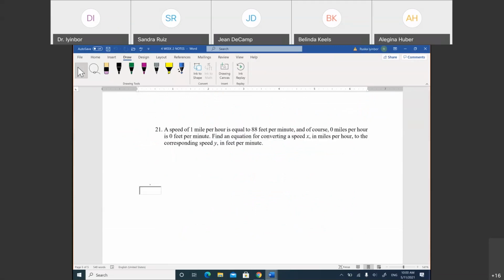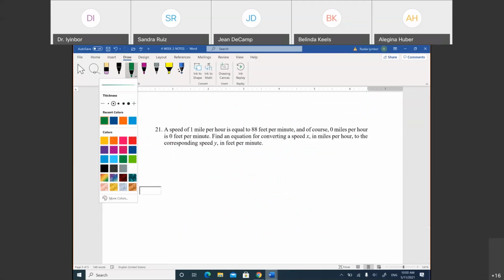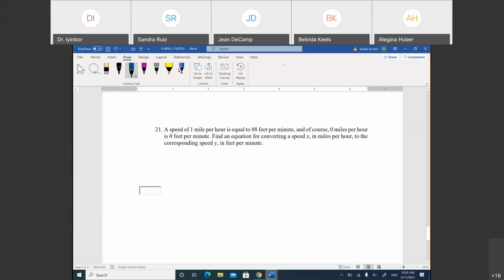Okay, so here we have number 21. We are given a speed of 1 mile per hour is equal to 88 feet per minute. And of course, 0 miles per hour is 0 feet per minute. Find the equation for converting the speed x miles per hour. So I have x is miles per hour, and y is feet per minute, right?